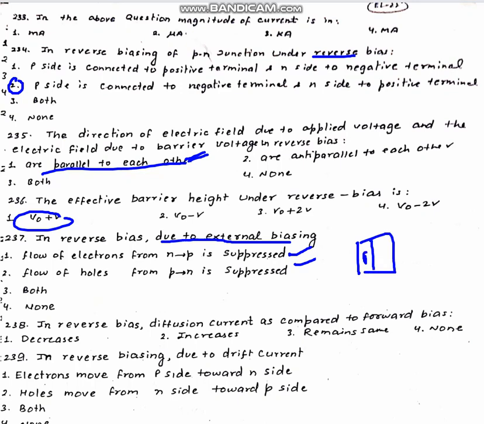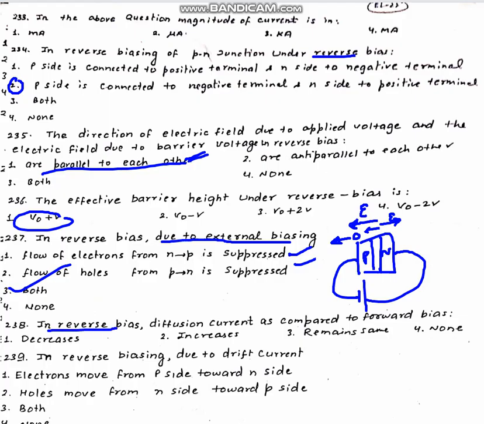Suppose this is P, this is N, we have junction field like this, and if we apply a battery, then certainly the electric field due to battery will be like this. So on holes there will be a force like this, and on electrons there will be a force like this. So it will suppress the movement of electrons from N to P and of holes from P to N. So the flow of majority charge carriers is suppressed, which leads to less current. So third is correct over here.